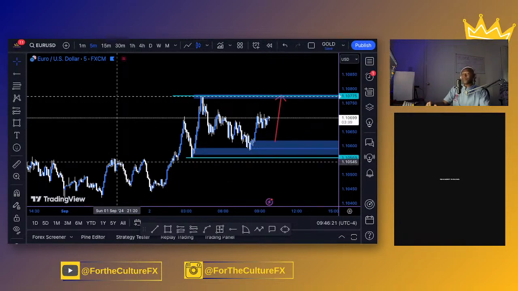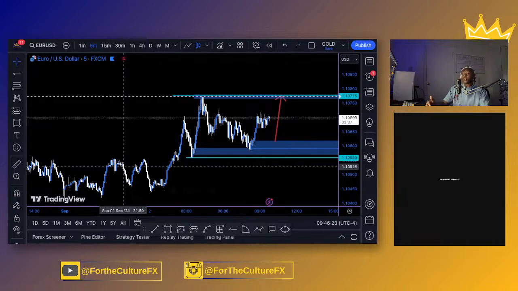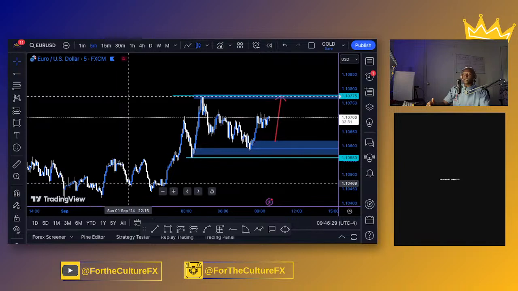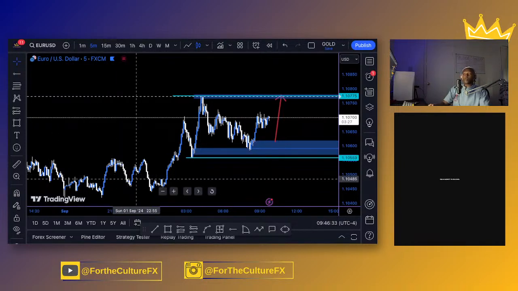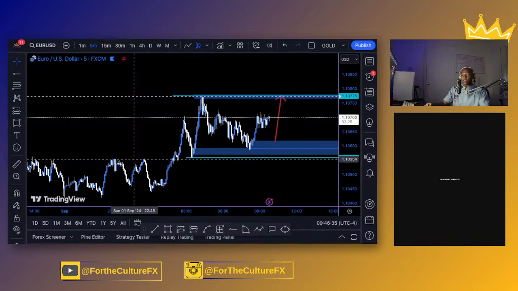How could I have done it better is to scale in onto that move to the downside after the bona fide change of character for that continuation down, or for that correction down, shall I say, early profit taken. And that's all I could do.